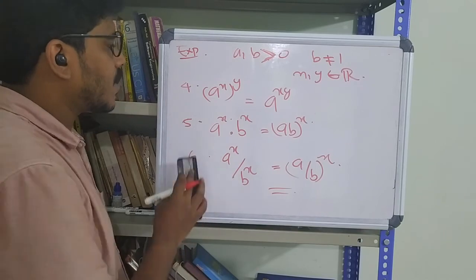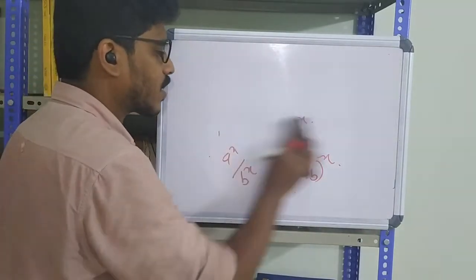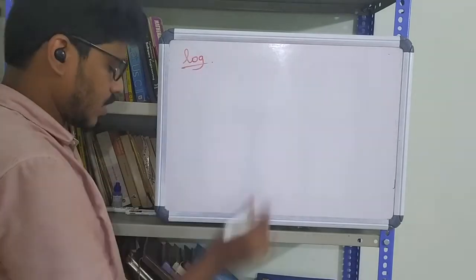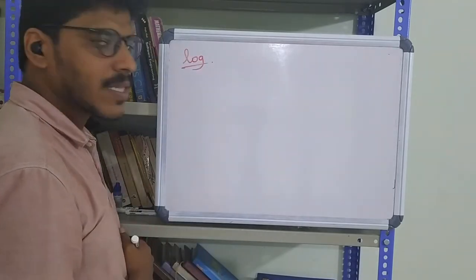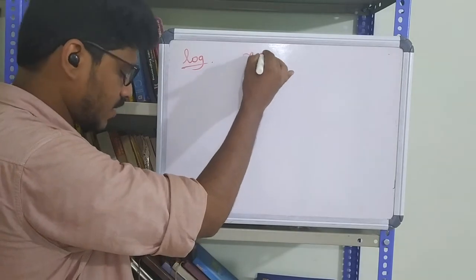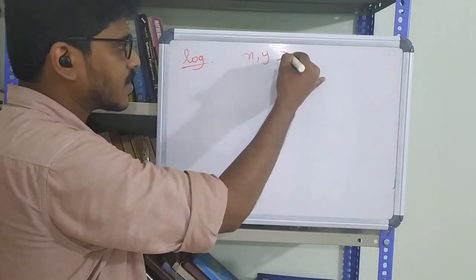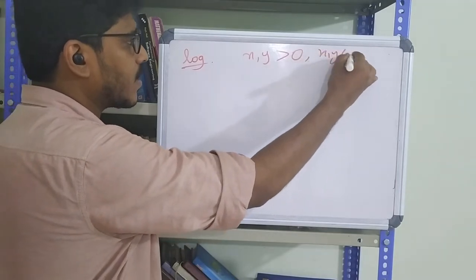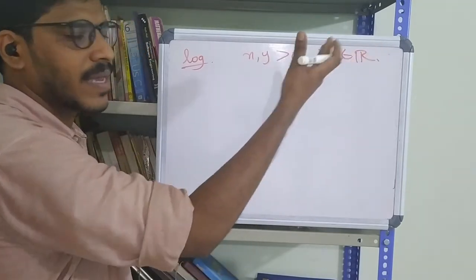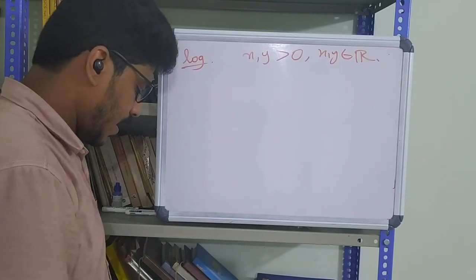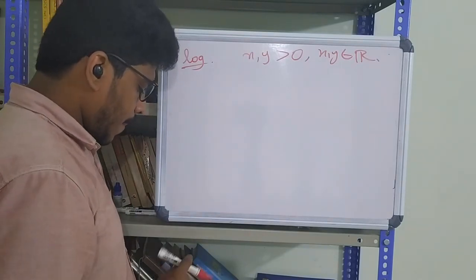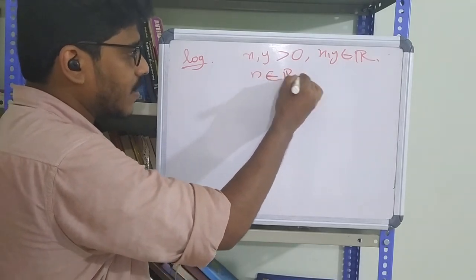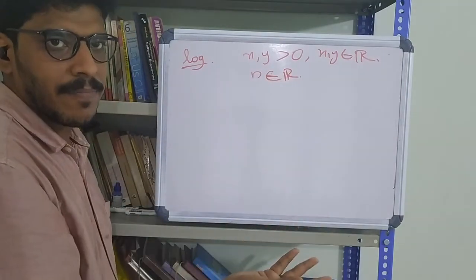And now let's see the properties for logarithmic functions. To explain the properties of logarithmic functions, let x comma y be any positive real number, and n be any real number. n can be negative, n can be 0, n can be positive, anything.